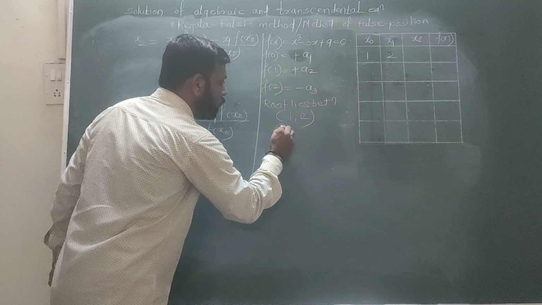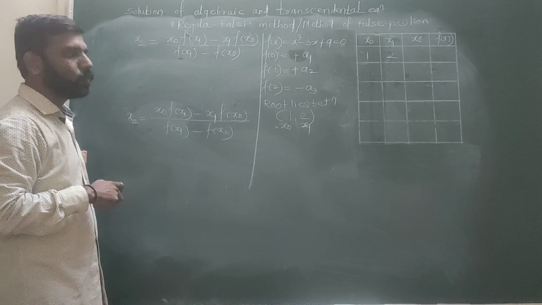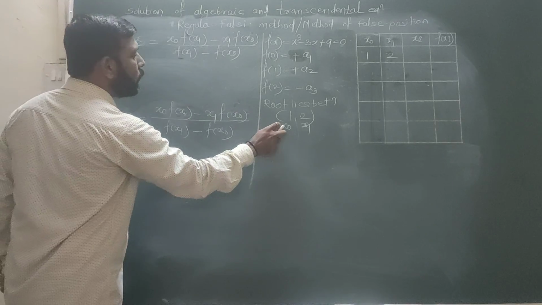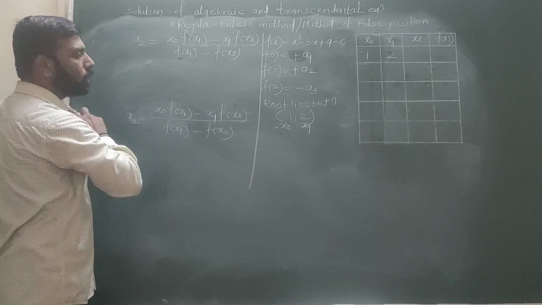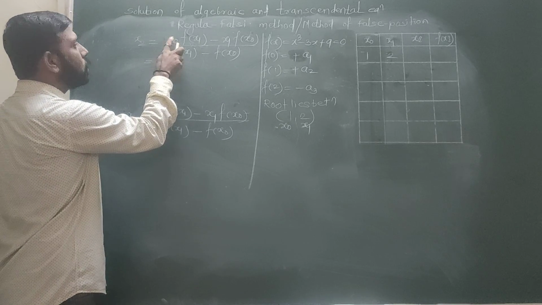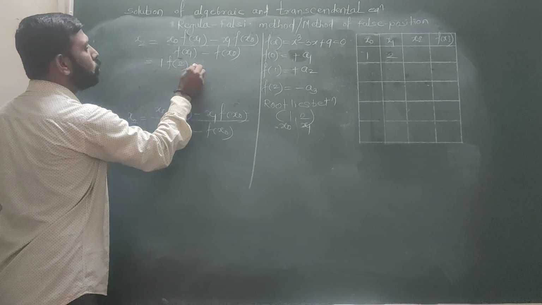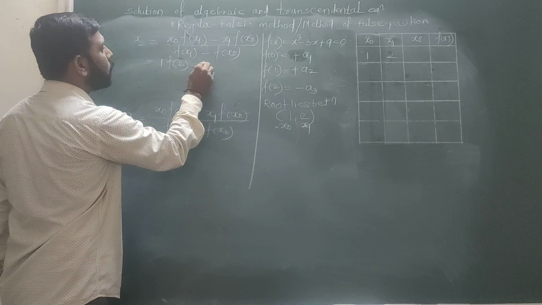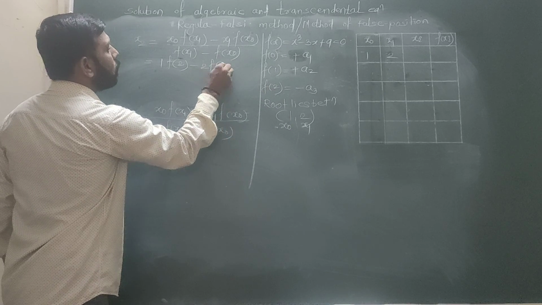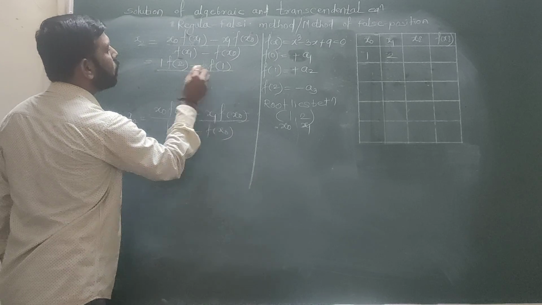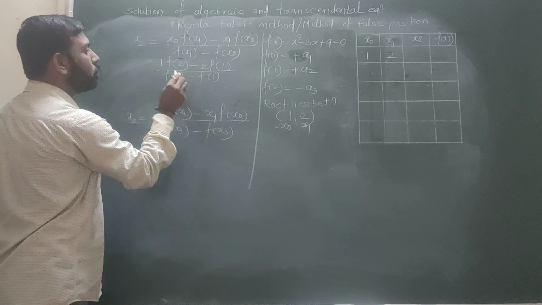Now this value we assume as x0 and this value we assume as x1. So first, x0 we have to substitute here. So x0 is 1, f of 2, x1 value is 2, minus x1 value 2, f of 1, upon f of 2 minus f of 1.